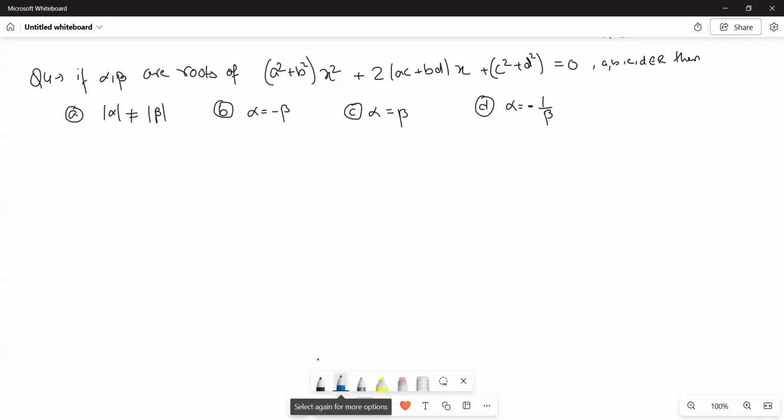So in order to find the relation between the roots, which entity do we go to whenever we have to look at the nature of the roots? D. So we'll look at the D of this quadratic: 4 times (ac plus bd) square minus 4 times (a square plus b square) into (c square plus d square). Let's look at what is happening.